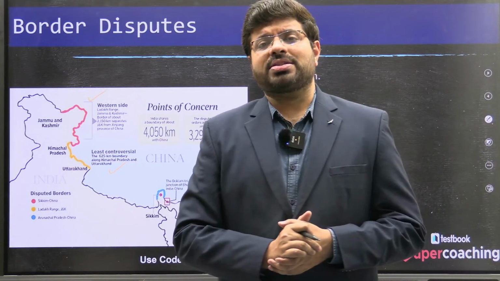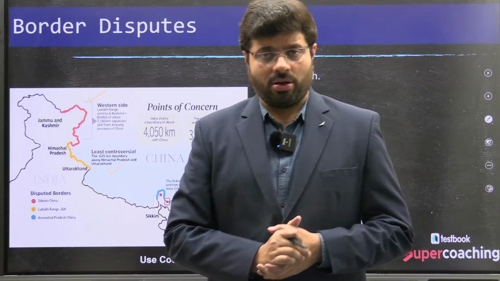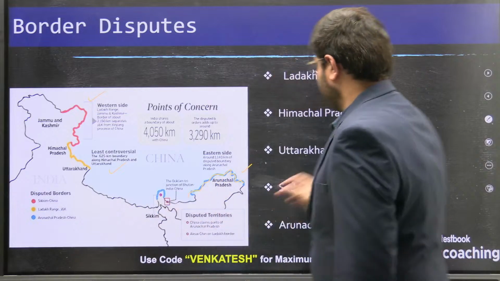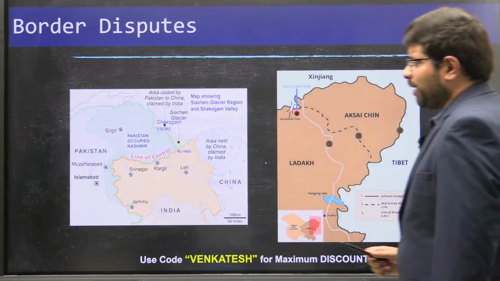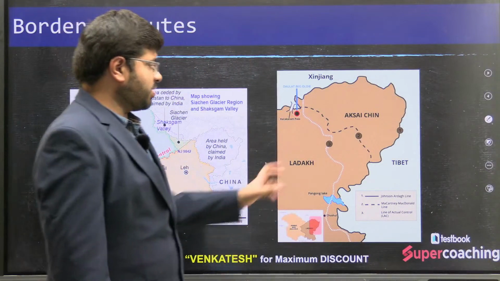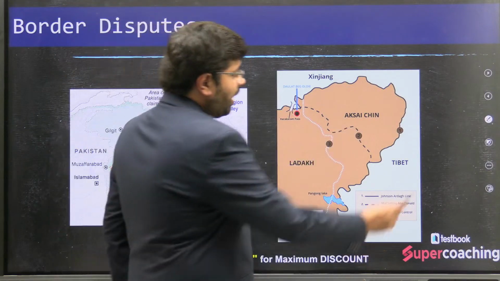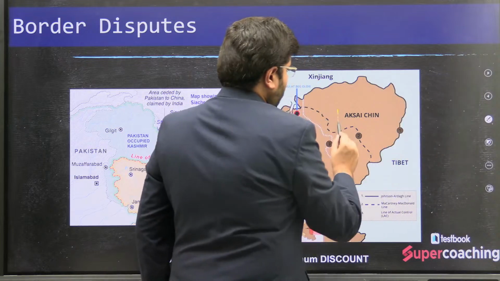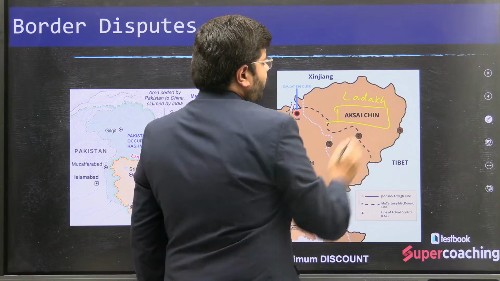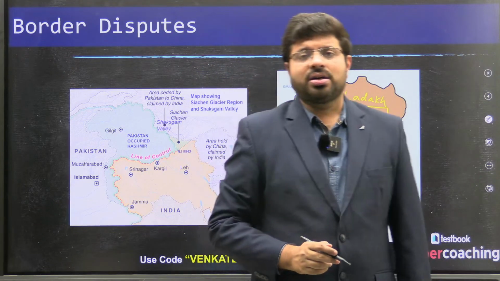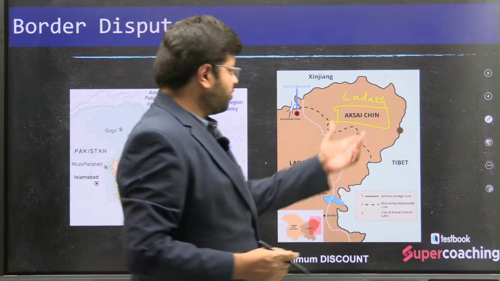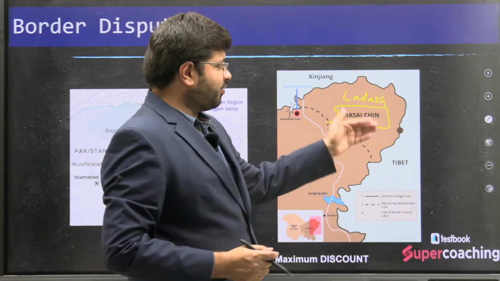There is also the historical challenge with respect to British policy. When the British created the boundary for Jammu and Kashmir, there was one very controversial area, the Aksai Chin area of Ladakh, which the Chinese claim as part of Tibet. In fact, Ladakh is called Little Tibet according to them. So the Chinese call this area part of their territory.